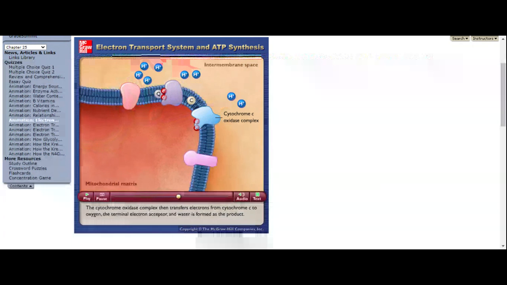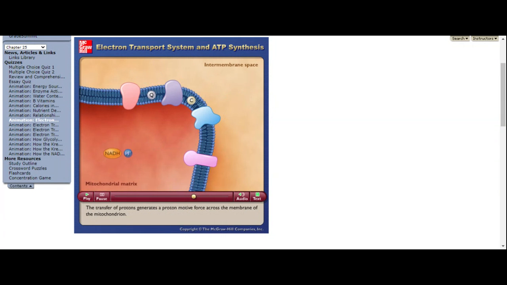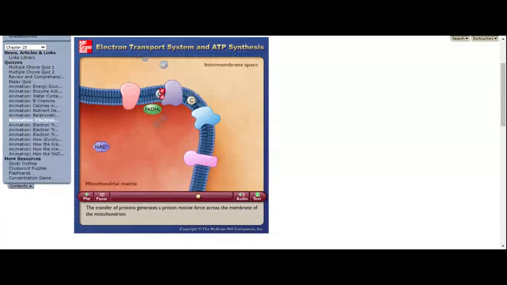The cytochrome oxidase complex then transfers electrons from cytochrome C to oxygen, the terminal electron acceptor, and water is formed as the product. The transfer of protons generates a proton motive force across the membrane of the mitochondrion.